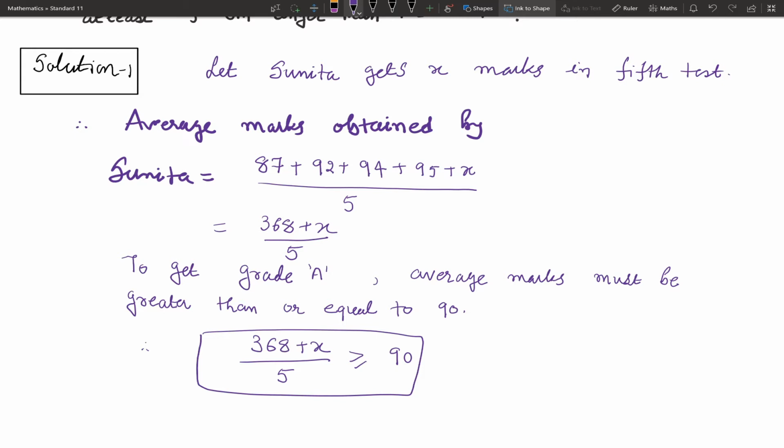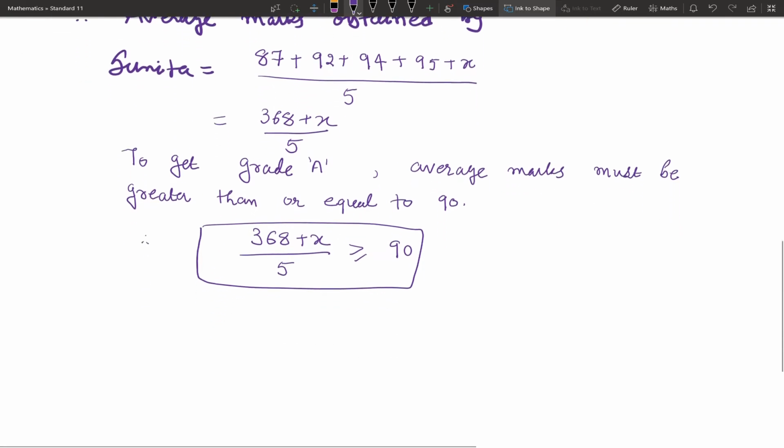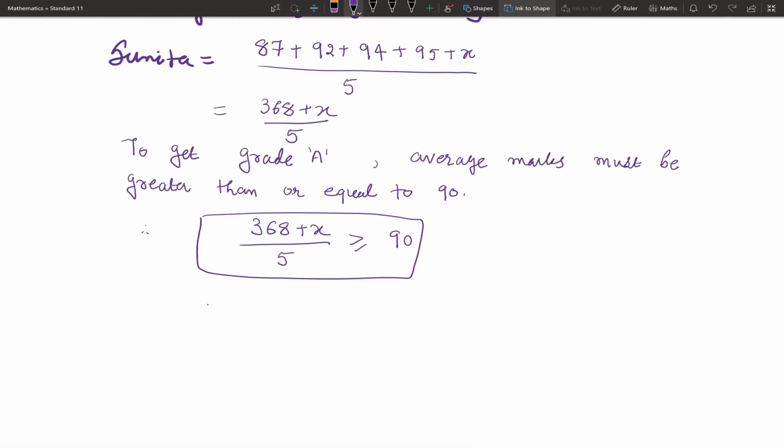For X, which we have supposed as the marks obtained in the 5th test, multiply throughout by 5. So this is 368 plus X. Now when we multiply by 5, it is a positive number, so there is no change in the inequality. So 5 into 90. Now transfer this term.